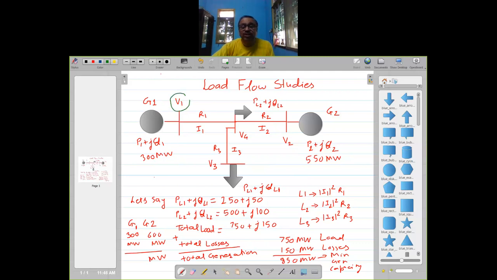So this voltage V1, this voltage V2, this voltage V3, this voltage V4, all the voltages must be within the limits.